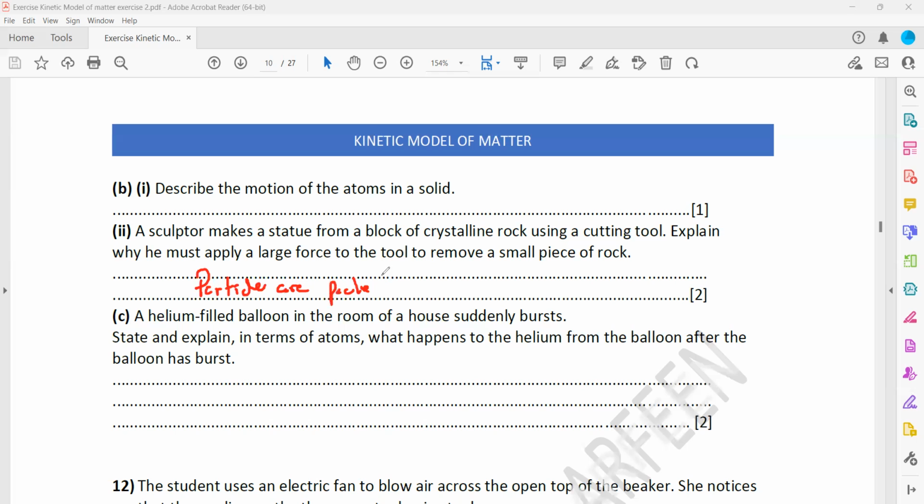And when the particles are tightly packed together, a large force is needed to separate the particles from each other. For example, using a cutting tool, we can cut this piece of crystalline rock. So to separate these ions or particles from each other, we need a large force, because the particles are tightly packed together.